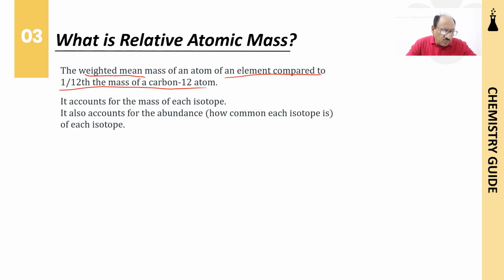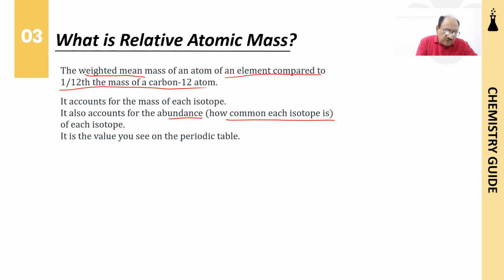It accounts for the mass of each isotope and also for the abundance, how common each isotope is. If we take, say, 100 atoms of the same element, how many will be of one specific isotope? It is the value you see on the periodic table also.